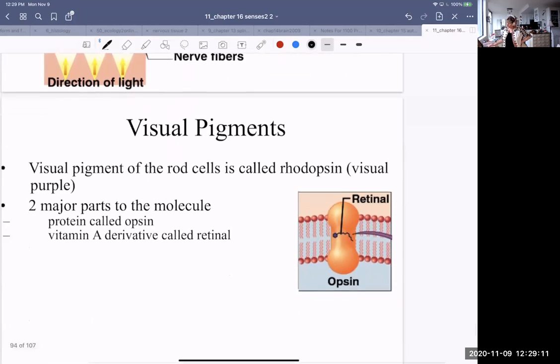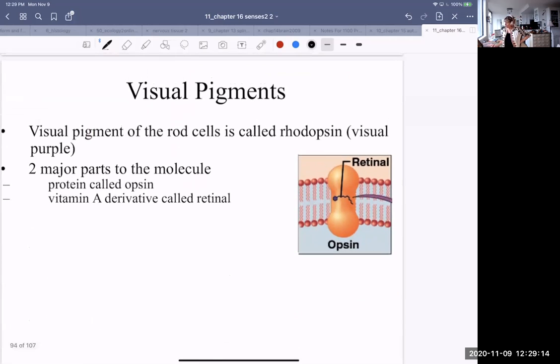So the pigment of the rod cells is called rhodopsin. There's two major parts of that molecule, the protein called opsin and the vitamin A derivative called retinal.